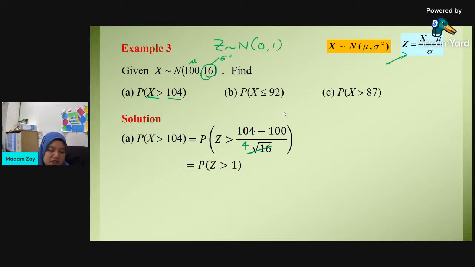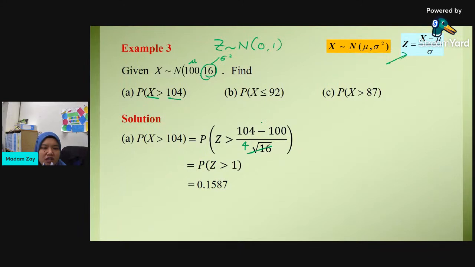More than 1 dapat apa jawapan dia? Betul, 0.1587. Directly from the table, we take the 1.00, which is 0.1587. Okay, sebab dia dah more than, so you can directly tengok dalam table.